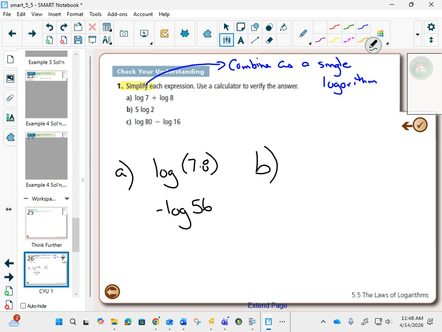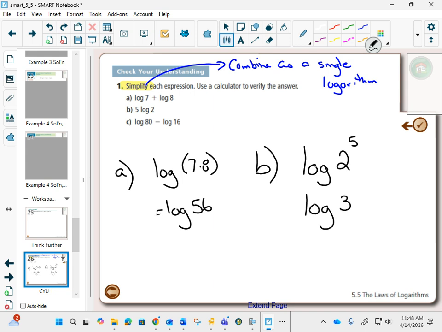This is not simplified because there's a 5 out in front. Logs are simplified when there's a single logarithm. What can I do with that 5? I have a log law that says if I'm multiplying a log by something, I can move that in as an exponent. So that 5 moves in as an exponent, 2 to the 5.